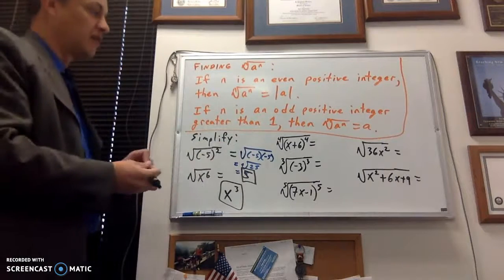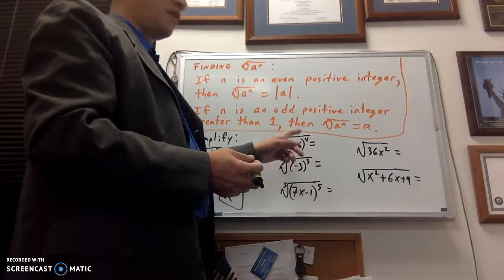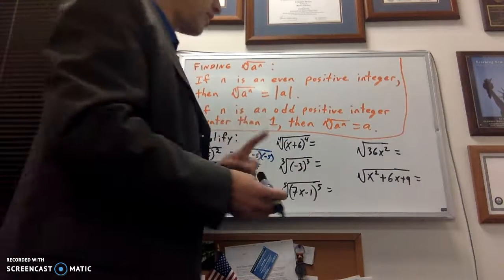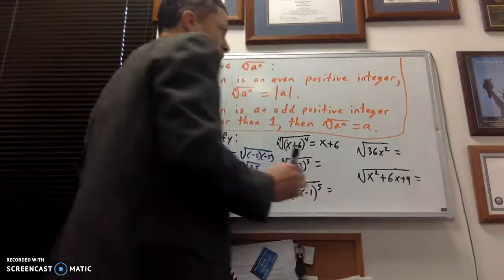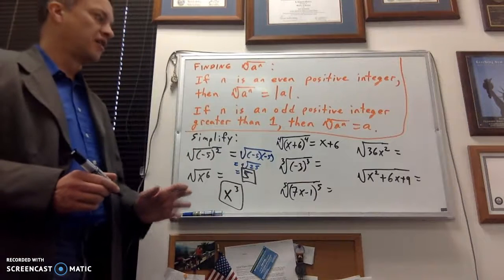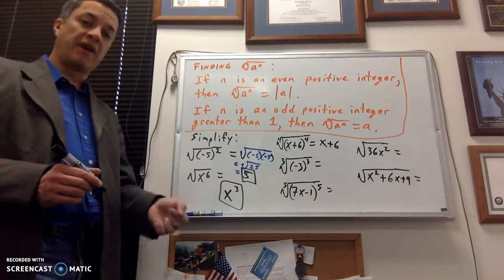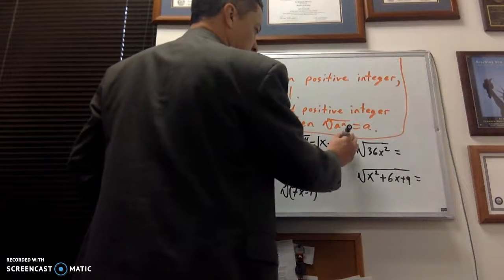Let's see how you did. The 4th root of x plus 6 to the 4th, you think it would be just x plus 6, right? It's not the answer. Notice I have not boxed my answer in there yet. Because if there's a variable involved, then we're going to have to throw in some absolute values here.